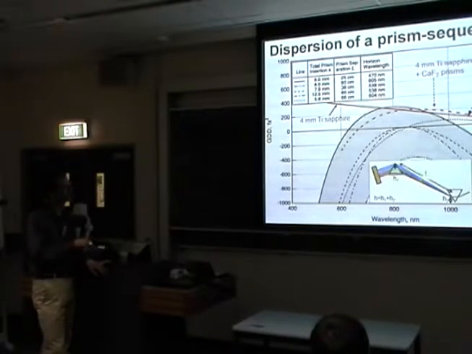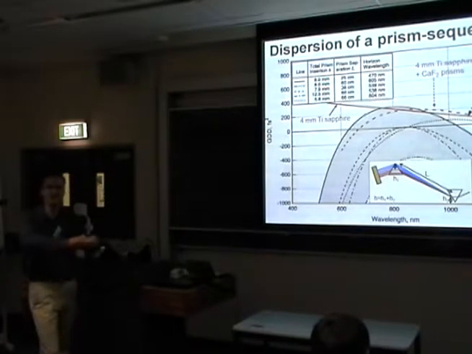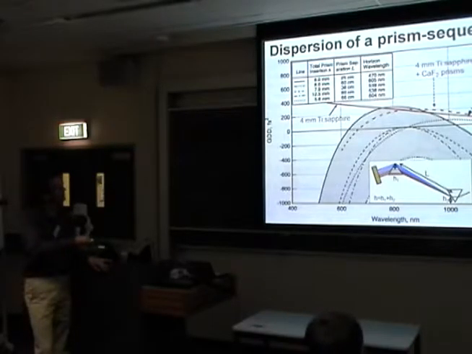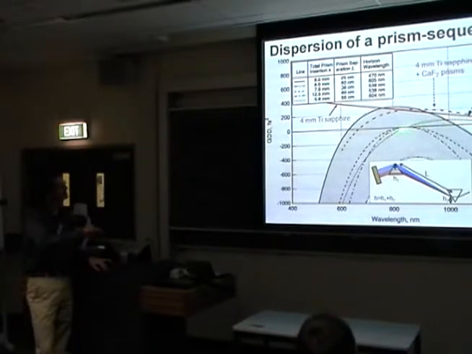And so if I look at the dispersion I can get from different prism materials, for instance calcium fluoride or silica, I can play with the distance between the prisms and with the insertion, how much material I actually add. All I can do is curves that look like this. This is calcium fluoride, that's actually as good as it gets pretty much. Or with silica, if I pull them very far apart, I get this dispersion curve.